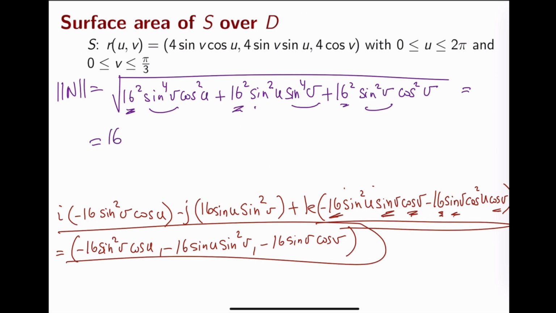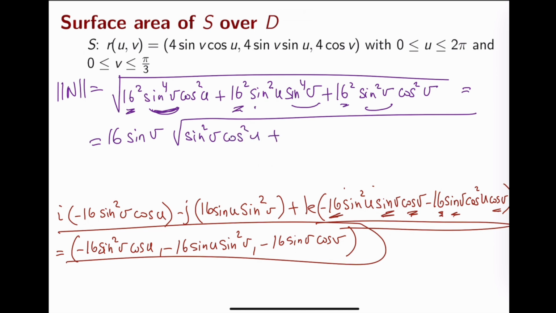We are going to take it out of the square root. So the root of 16 squared is going to be 16, and the root of sine squared is going to be just sine. And so inside of the root remains, once that we took sine squared, here remains cosine squared, plus once that we took sine squared, remains here sine squared u, and here remains just this.